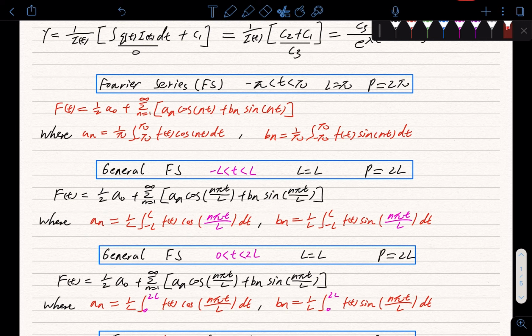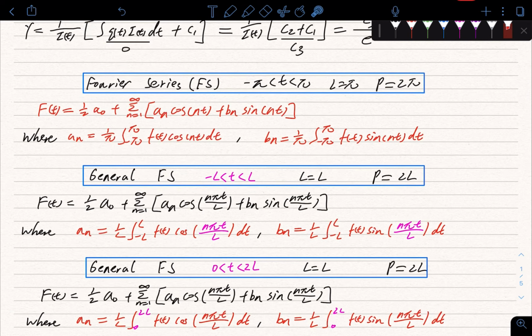In the Fourier series case, we're trying to model periodic functions with a sum of cosine and sine functions, because cosine and sines are linearly independent, so that's why Fourier series can work. So this is just a brief description of Fourier series.